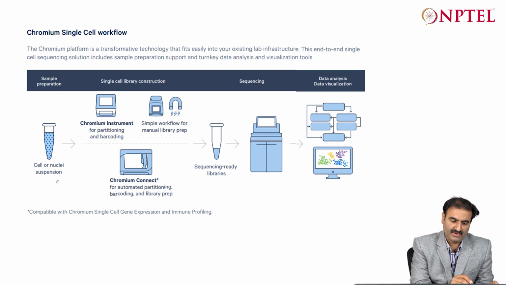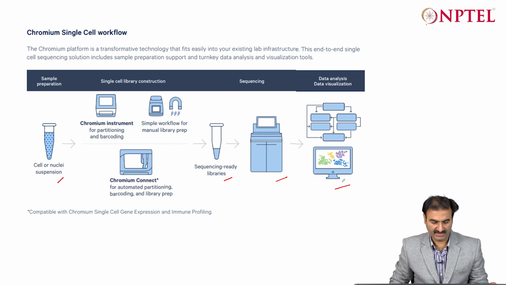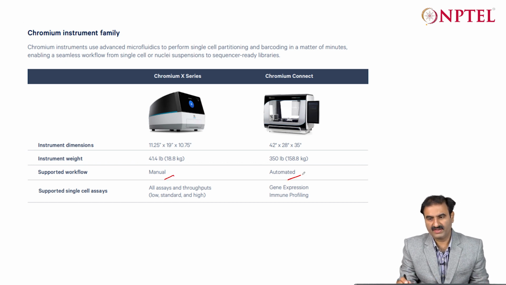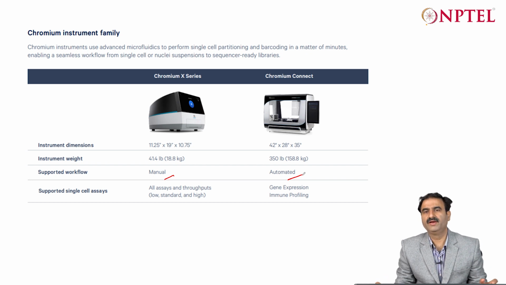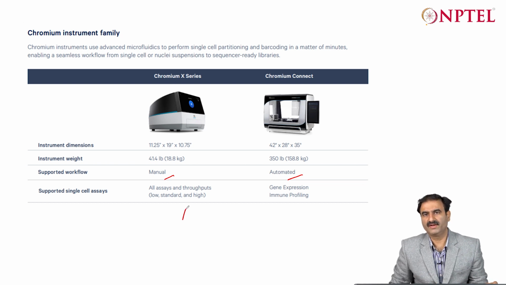You will have the cell or nuclear suspension which goes into the chip, then into the instrument, which produces the sequencing-ready library, followed by the sequencing and data analysis. We will see this process in detail. There are two instruments from Chromium, one manual and the other automated, which provide support for single cell genomics, and the Chromium X is used for link read sequencing.